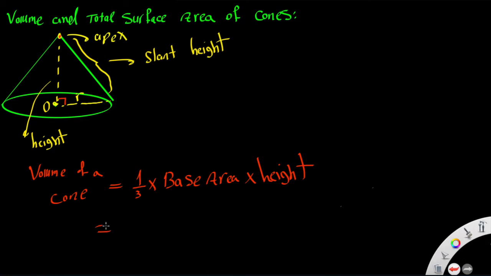Now let's find these factors one by one. Base area: the base of the cone is a circle. What is the area of a circle? Yes, you're right, pi r squared. What is the height? h. So the volume of a cone will be obtained by using the formula 1/3 pi r squared h.